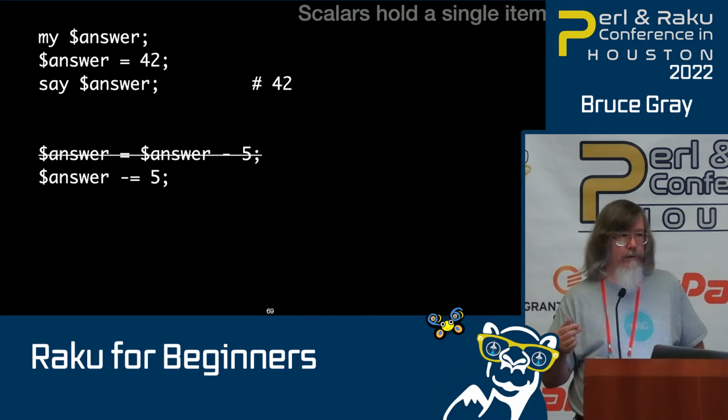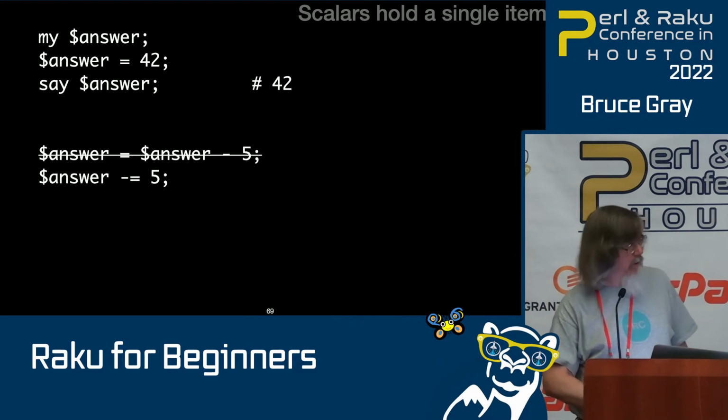And later, when you define your own operators, if it's an infix operator, Raku will automatically generate the op-equals version for you. If you look in the Rakudo source code, you will not find that. It is automatically generated because the minus is an infix.